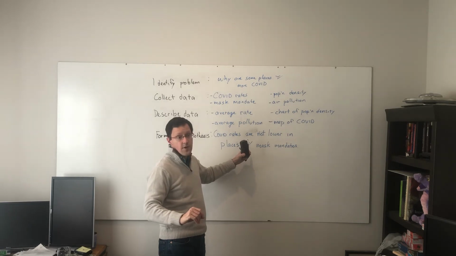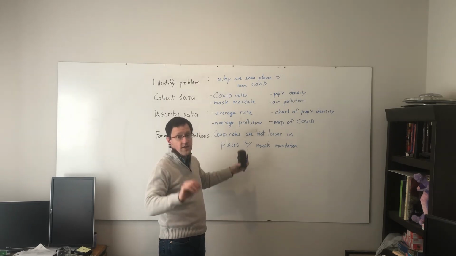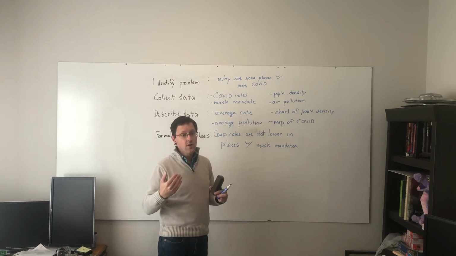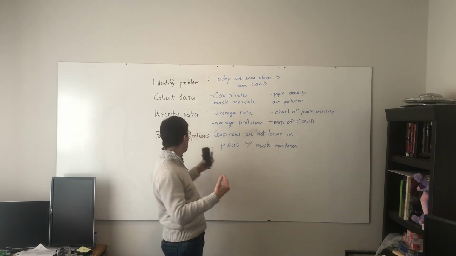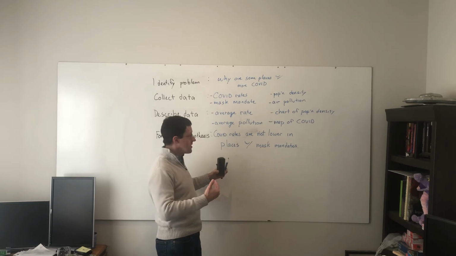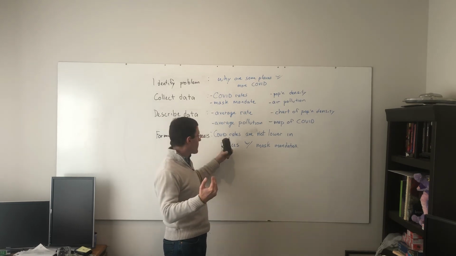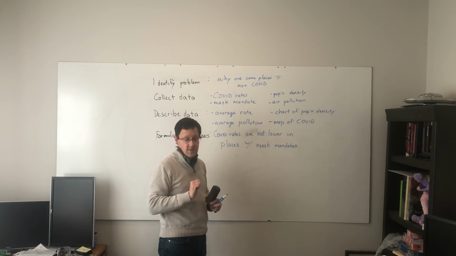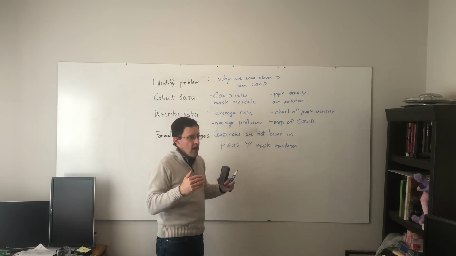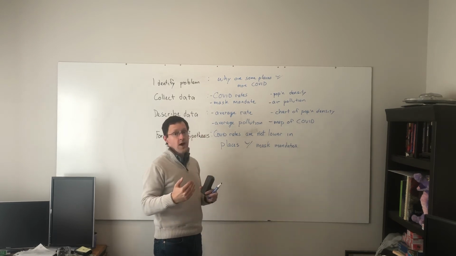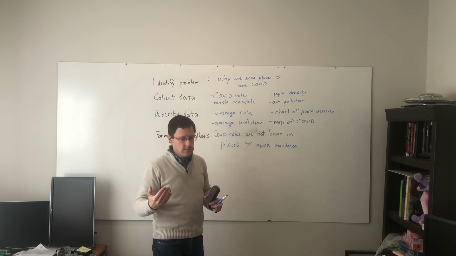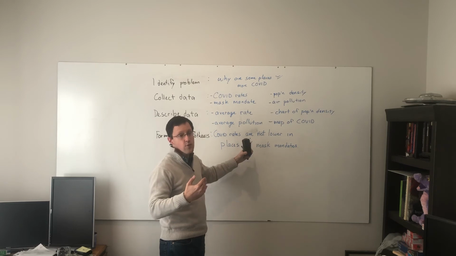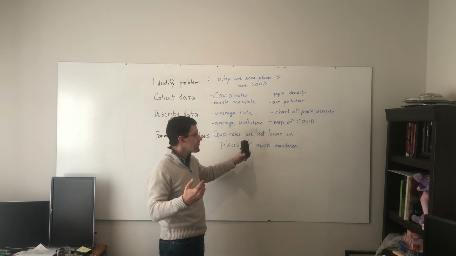This is setting up a relationship between two variables. This is often what happens with our inferential statistics, with our hypothesis, the relationship between COVID rates and mask mandates. Two things. And we normally formulate our hypothesis in such a way that we state it so that there is no relationship between those two.